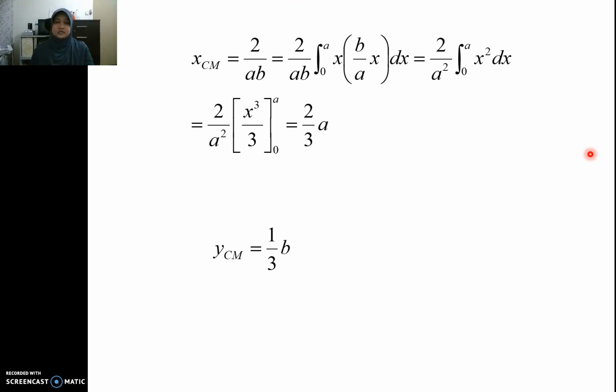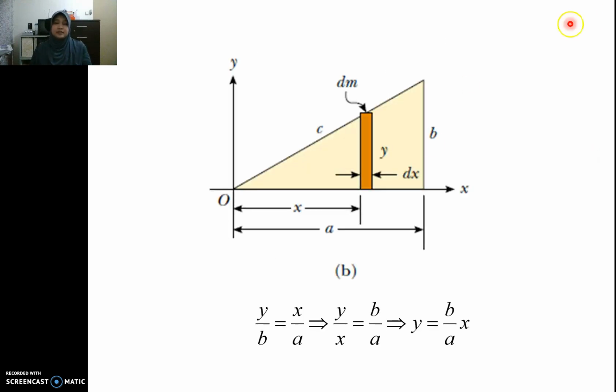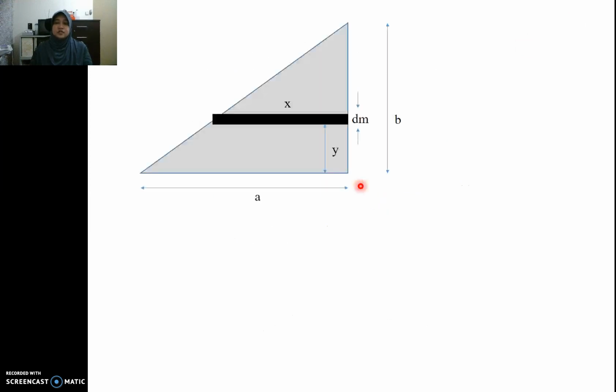That is for if we divide the small element into a vertical area. If you take the small element as a horizontal area, you do the same method. So our dm is 2m over ab x dy.